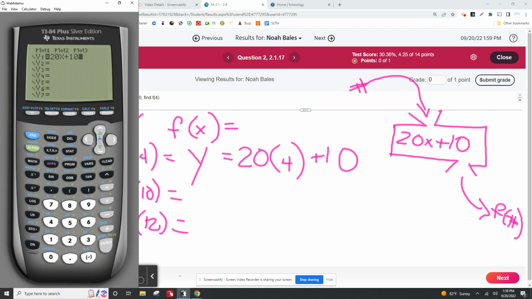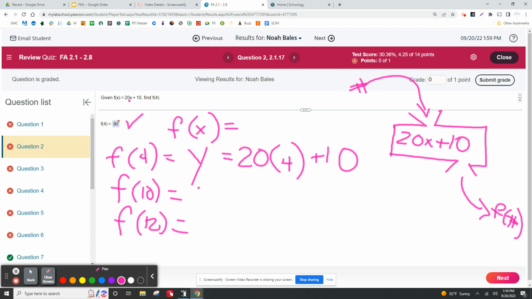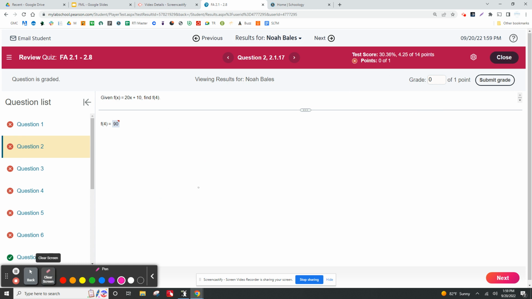And then normally we look at the graph, but a really helpful thing is the table. There's all of your values, all of them that you might want. So, what's f of 4? It's 90. Your calculator is a good way to get your hands dirty and start learning what is going on here. I highly recommend you use it every day.